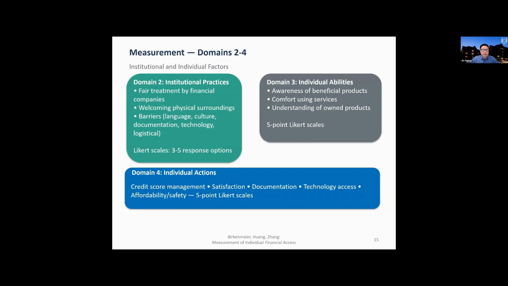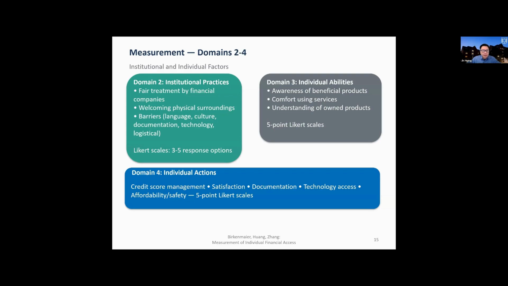And to give you a sense of the actual items we use, for example, for domain 2, institutional practice, we measure the provider side with statements like financial services companies treat people equally and fairly.